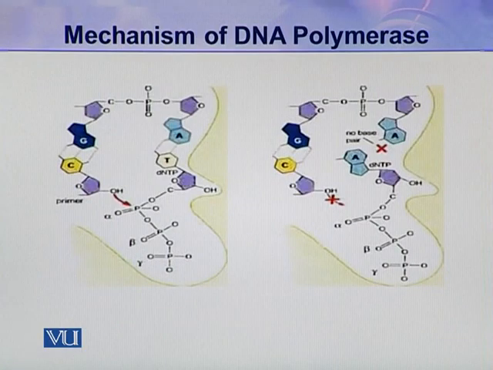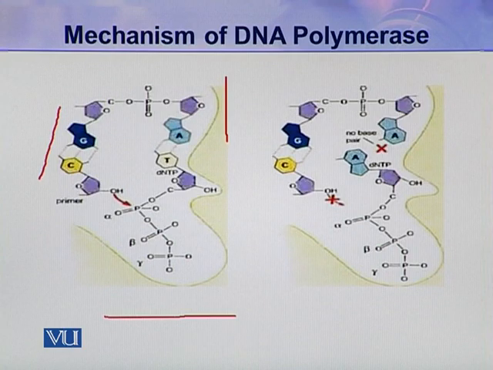For example, here you can see the addition of a new nucleotide. In this diagram you can see this is the template and this is the primer. In this template, this adenine is present, and you know adenine will only base pair with thymine. So here the incoming dNTP is thymidine triphosphate, dTTP.